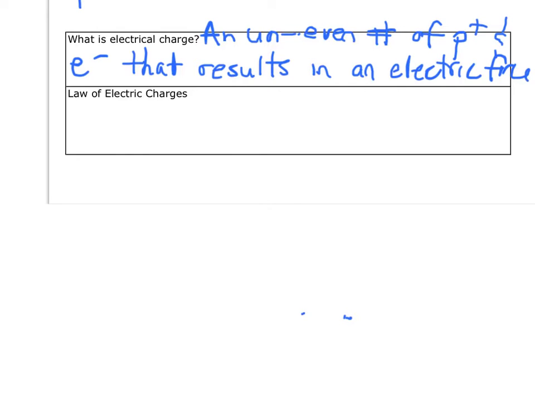Okay. We talked about that in chemistry. You could have a negatively charged ion if an atom had given up or gained electrons from another atom.